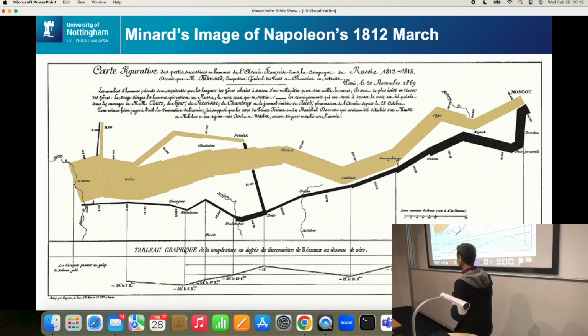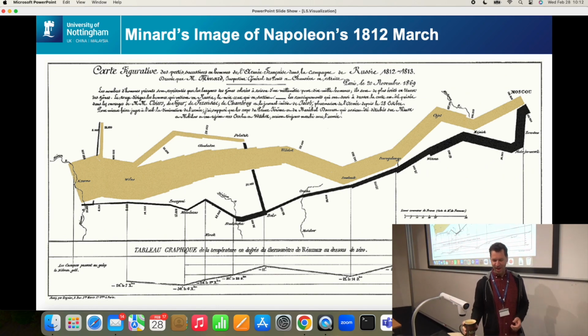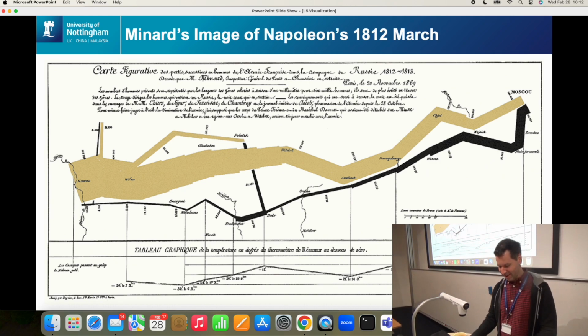So it shows the path from Paris to Moscow. Here we see Napoleon's army. The width of this path represents the number of soldiers in the army, and the x-axis represents time.